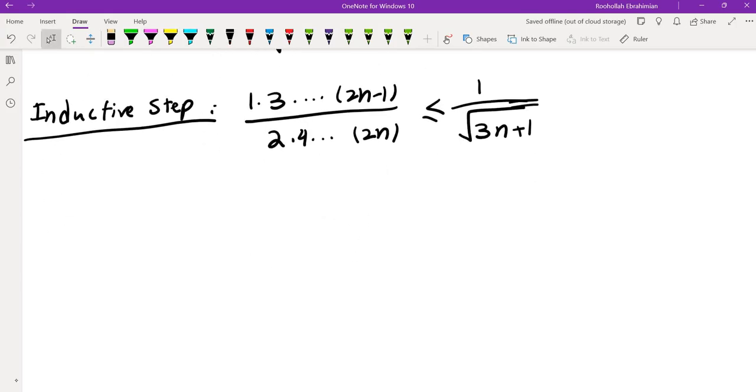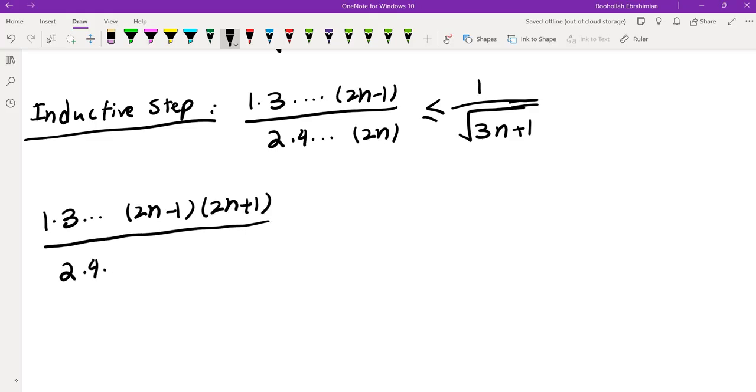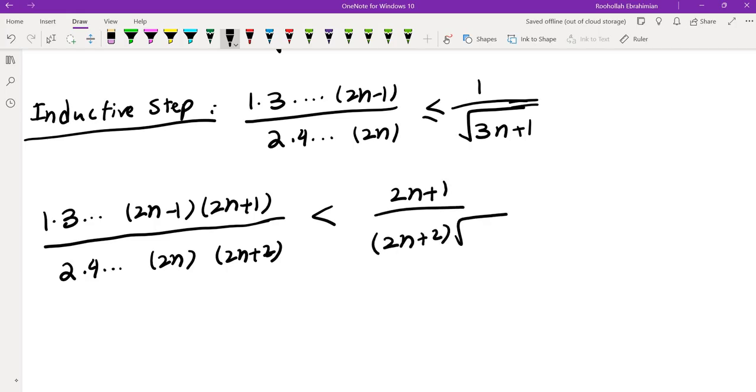Then we can multiply both sides by 2n plus 1 over 2n plus 2. So we have 2n and then we have 2n plus 2. And this would be less than 2n plus 1 on top. Then we have 2n plus 2 times root 3n plus 1. So this is what we know to be true.